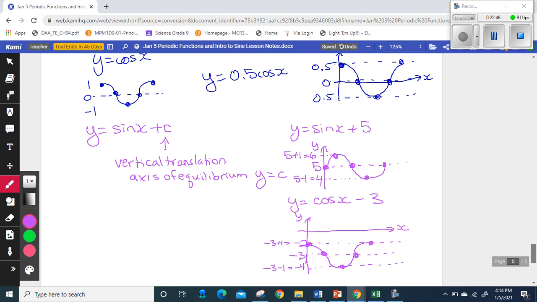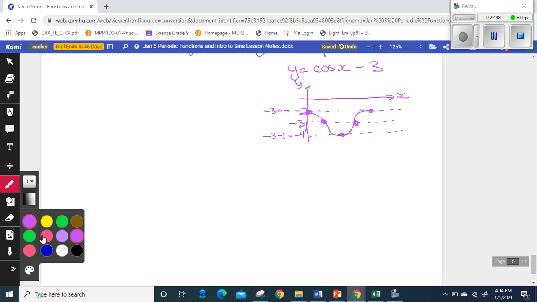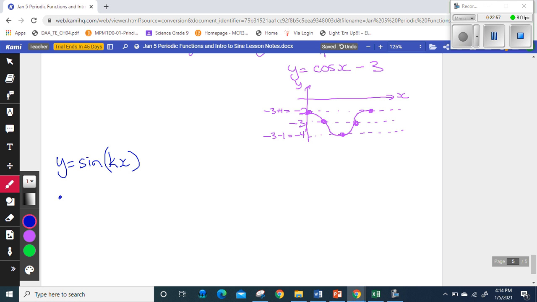And then our last transformation we looked at was changing the period. So that was y equals sine k of x. So remember our sine curve has a period of 360 degrees. Well, if I make it smaller or bigger, so that k value, that's my horizontal stretch or compression.